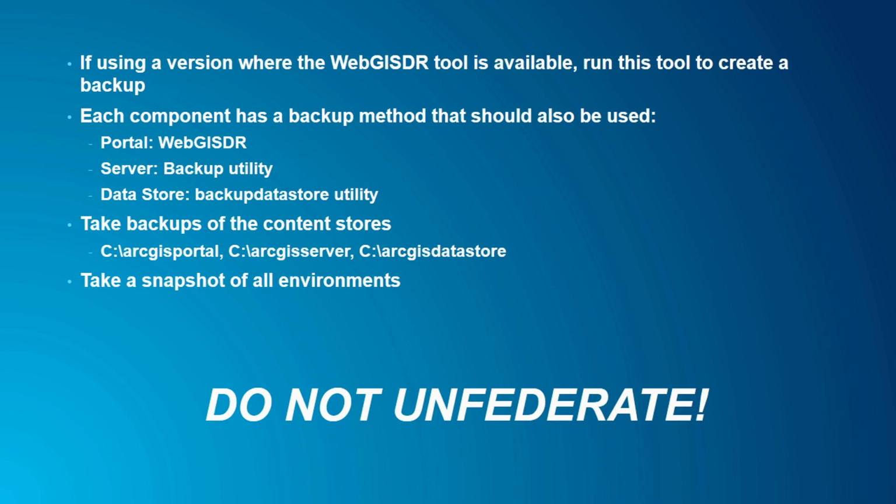And also, a key thing here is do not unfederate. Never ever unfederate before the upgrade, during the upgrade, or after the upgrade. The software knows how to handle the federation, and if you unfederate, it will break things.